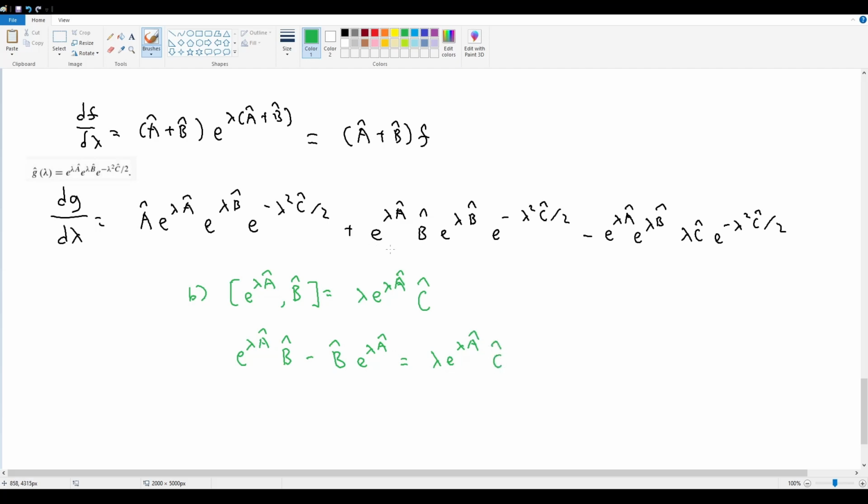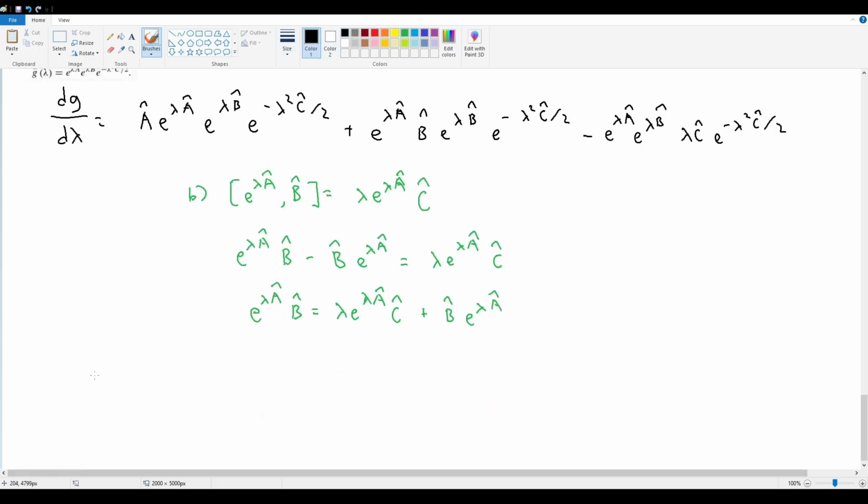So in that case, if I take this and move it around, e to the lambda a hat b hat is equal to lambda e to the lambda a hat c hat plus b hat e to the lambda a hat. So now, hopefully you see that everything is going to cancel out nice and easy, because this is going to give me that dg by d lambda is going to equal a hat, and I'm just going to substitute this with g, because that's the easy thing for me to do.